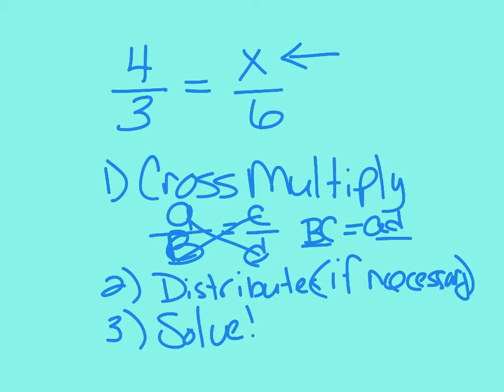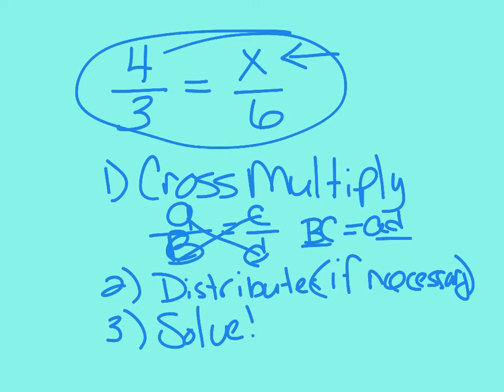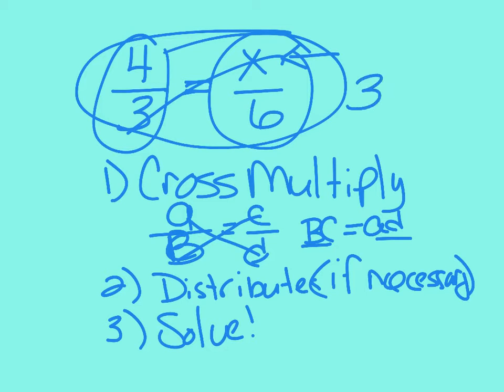So if I was to do this proportion here, the whole thing is the proportion. These are ratios that are equal, which forms a proportion. I'm going to say 3 times x equals 4 times 6, which is 24.